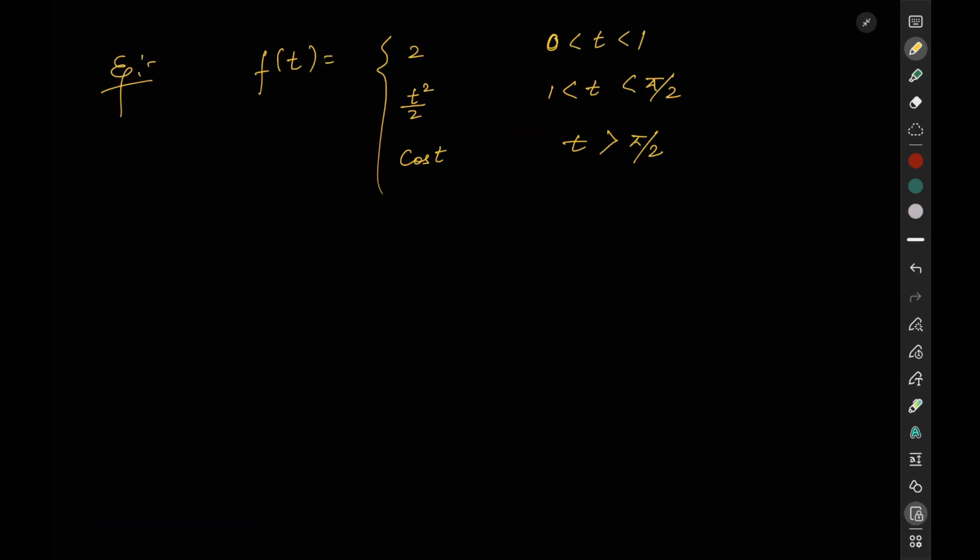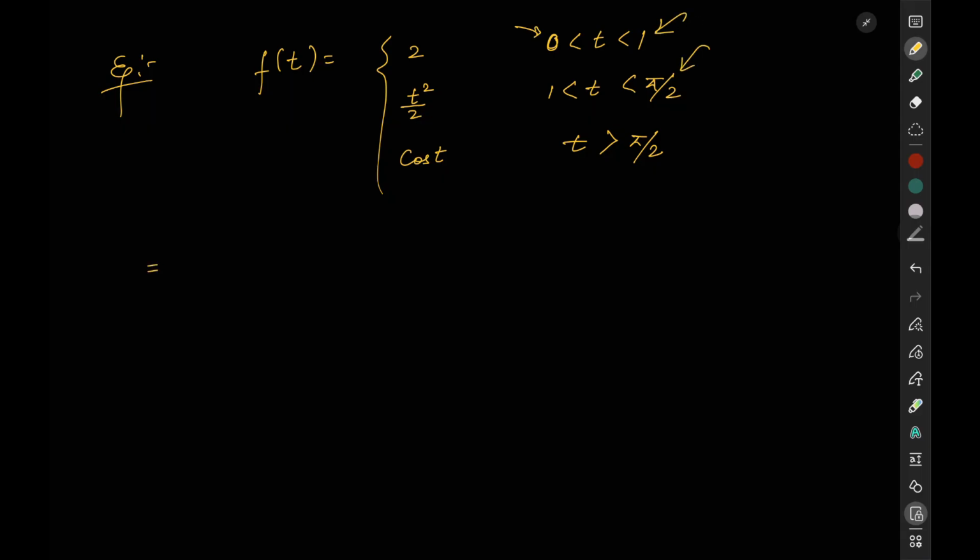Let's see another example. We have f(t) equals 2 when t lies from 0 to 1, t square by 2 when t lies from 1 to pi by 2, and cos t when t is greater than pi by 2. So the function is changing value at t equals 0, t equals 1 and t equals pi by 2.